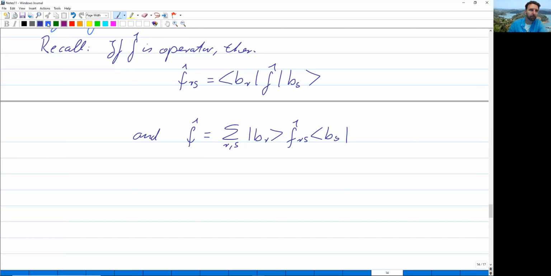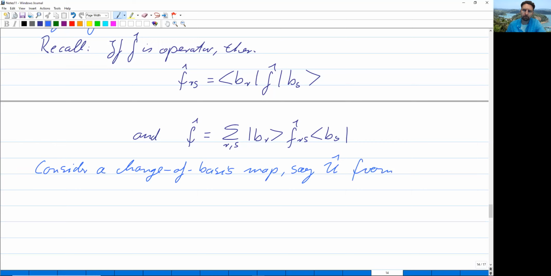So consider a change of basis map, and let's call it, say, U hat, from a basis of B_n's to a basis of C_n vectors.